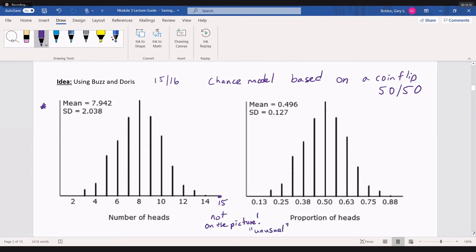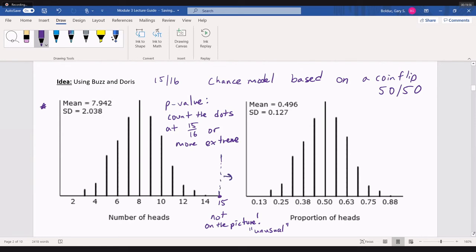Okay, so here's where the p-value comes in. The p-value says this: count the dots. Remember, each dot is a simulation of the 16 coin tosses. So count the dots at your statistic or more extreme. Visually, what that looks like is find 15 out of 16 and then count all the dots at this line or to the right in this scenario.